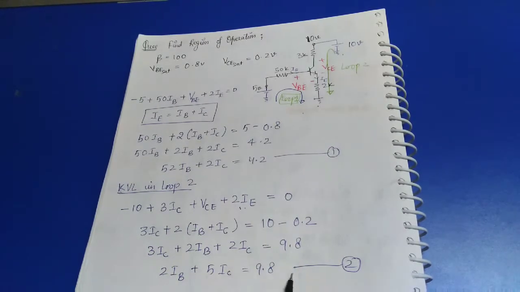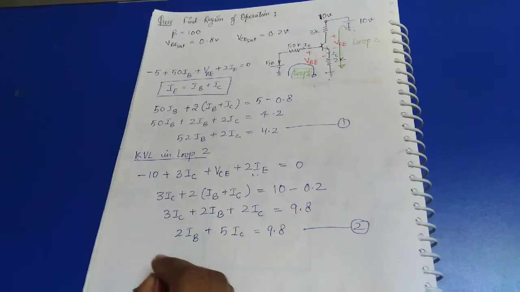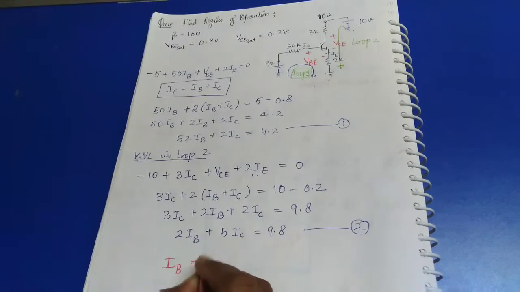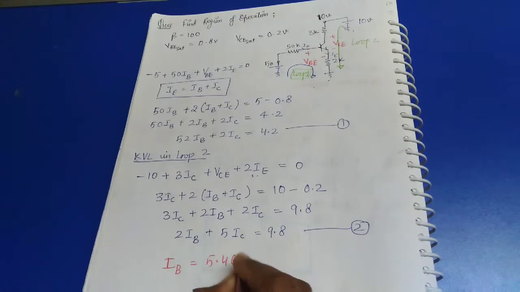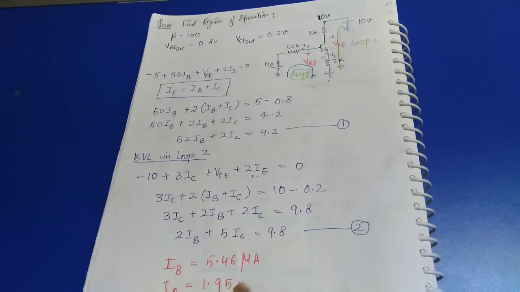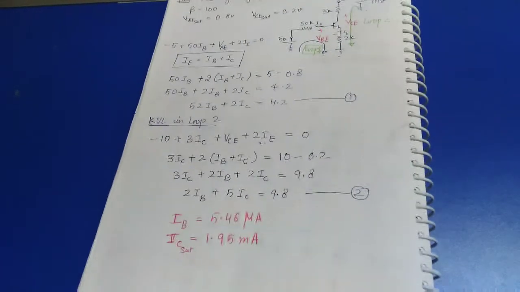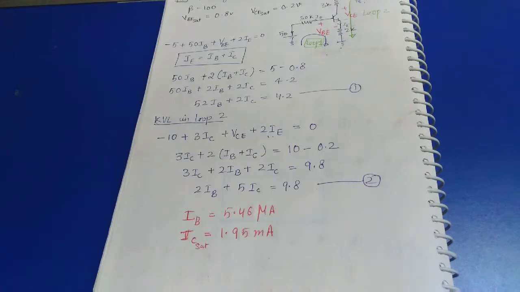On solving these two equations, I have IB equals 5.46 microampere and IC equals 1.95 milliampere. And this IC is basically IC saturation because we are assuming the transistor to be in saturation.